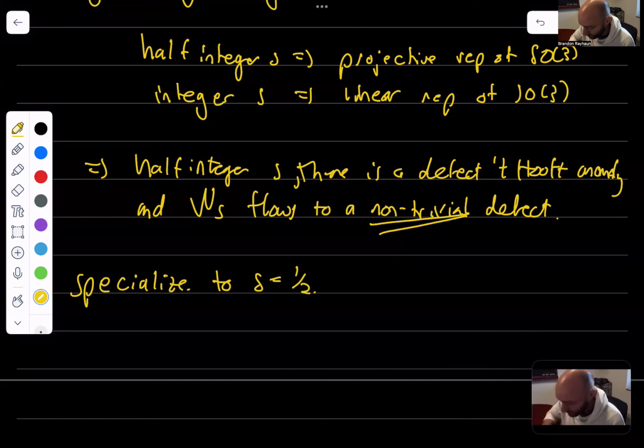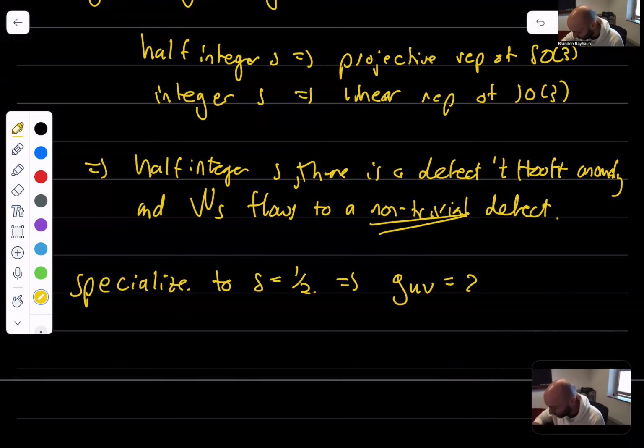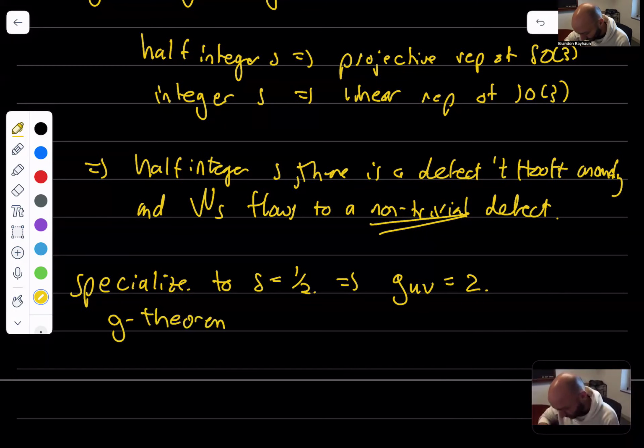In this case, what's the G function of the UV? The UV defect is a decoupled quantum mechanics with 2 ground states. So in particular, the G function in the UV is 2. The G theorem implies that the defect in the IR has to have G function less than 2.